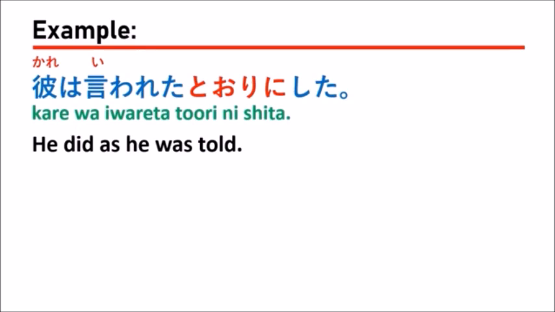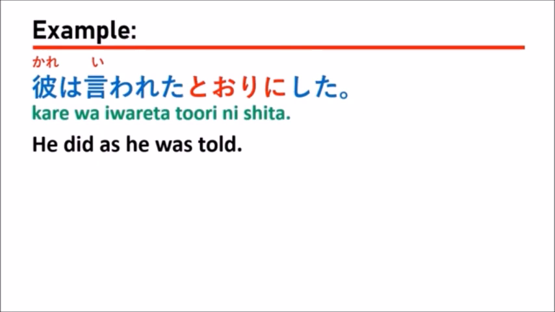And after that, shita, which means he did as they were told, or as he was told. Here, he means another person, but you can also say he did as they were told. It has the same meaning, because in this case we don't know who told him, right?